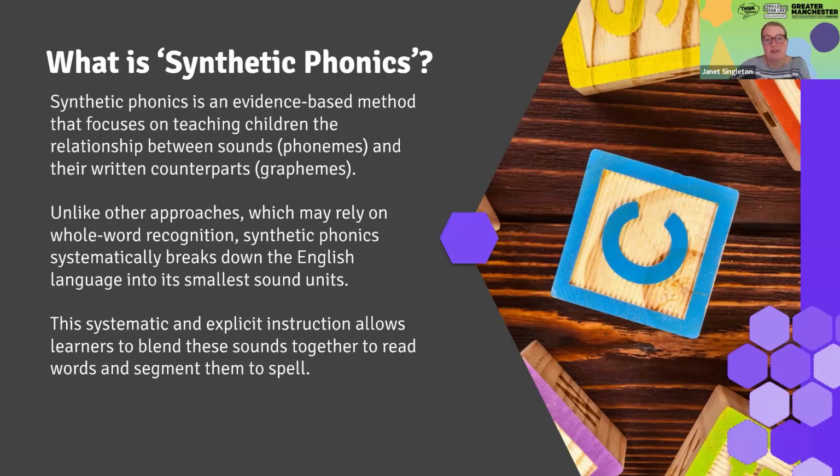So this systematic and explicit instruction allows learners to blend these sounds together to be able to read words and to be able to segment them to spell them. So that's what synthetic phonics is.